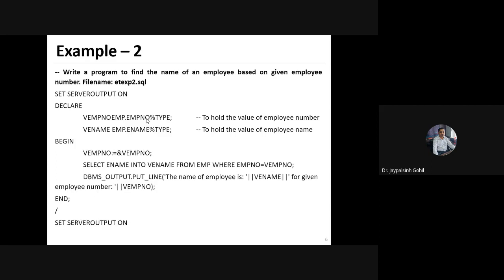No, it is not modular. Yes, when I write percentage type, what does it mean? See here, I have written emp.emp_number%TYPE. It means whatever the data type and size of the emp number column of emp, the same data type and size will be assigned to this variable.